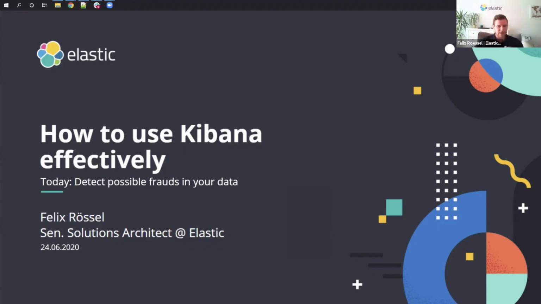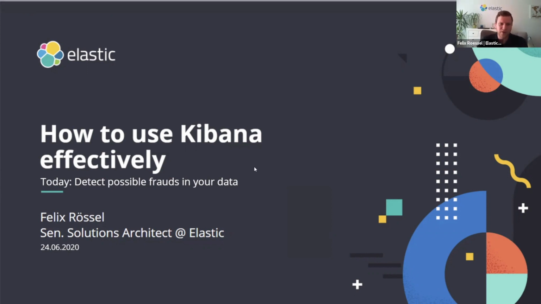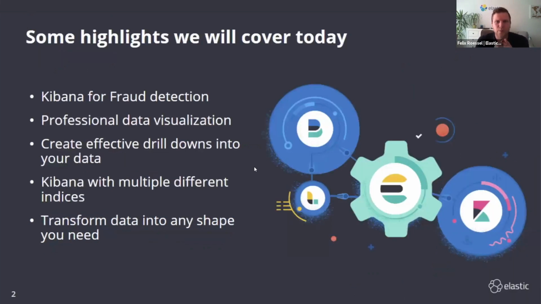Okay, so let's start with a little introduction into the topic. What we will cover today is how to use Kibana for fraud detection. Fraud detection is a special case where we try to detect possible fraudsters in big data, on every kind of data, but especially in data which can include fraudsters.